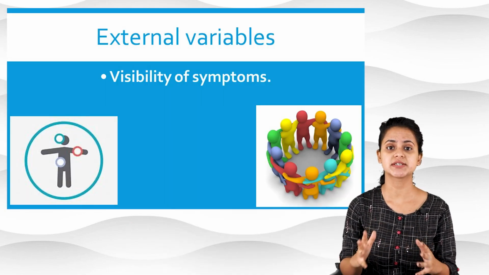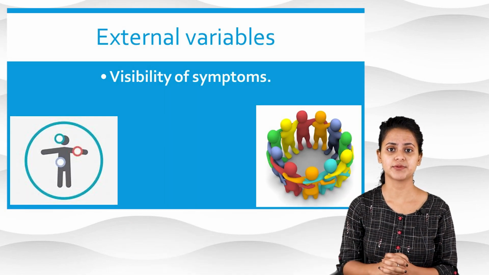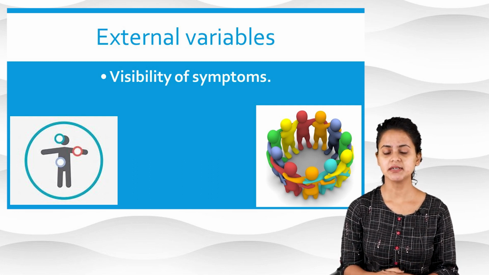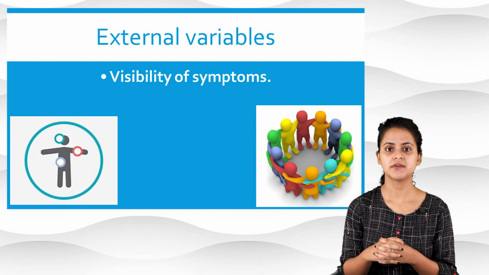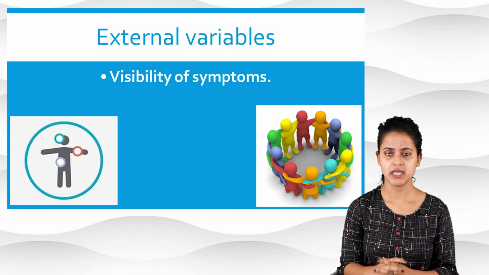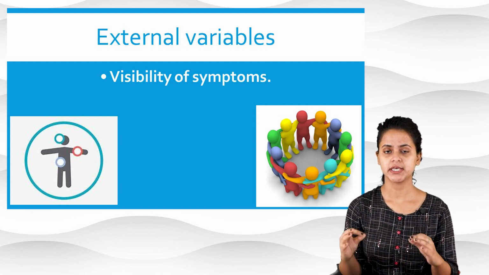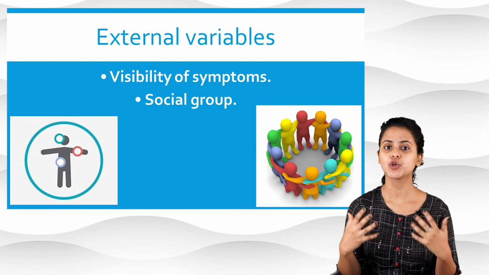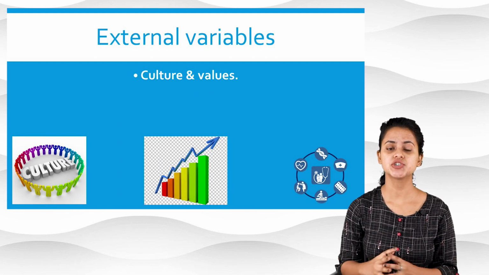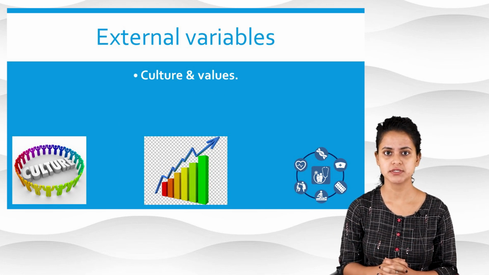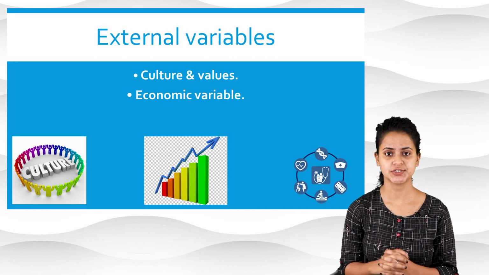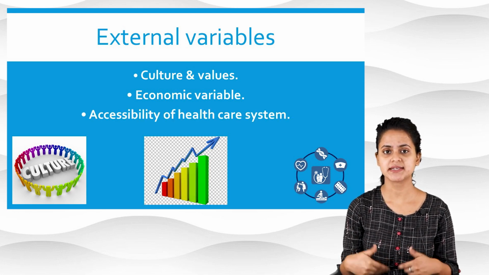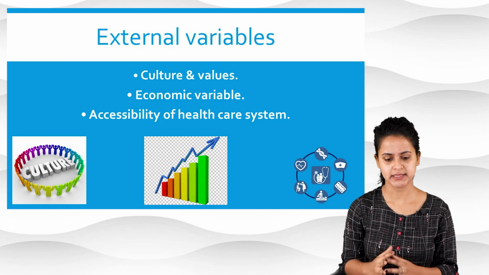Next, we are going to discuss the external variables which affect the illness behavior. External variables include visibility of symptoms, social group, culture and values, economic state, as well as accessibility to healthcare.